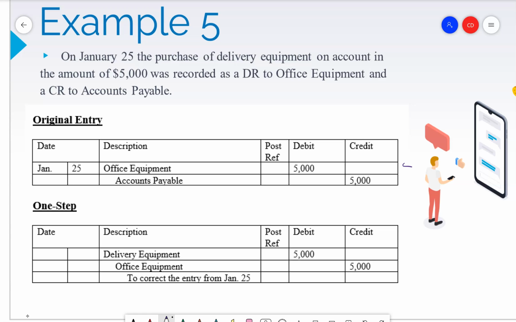So here's the original entry. It's a debit to office equipment and a credit to accounts payable. The accounts payable is correct. We're going to leave that alone. So to do it in one step, we're going to take a debit to delivery equipment and then a credit to office equipment. That gets it off the books. And that's correcting entries.